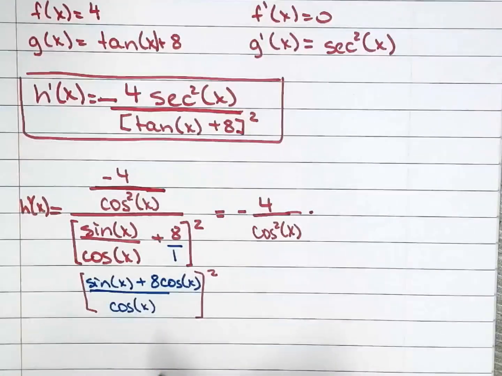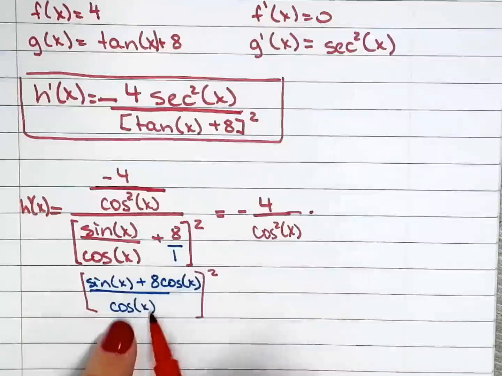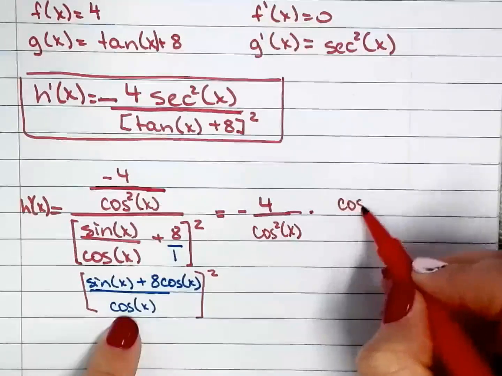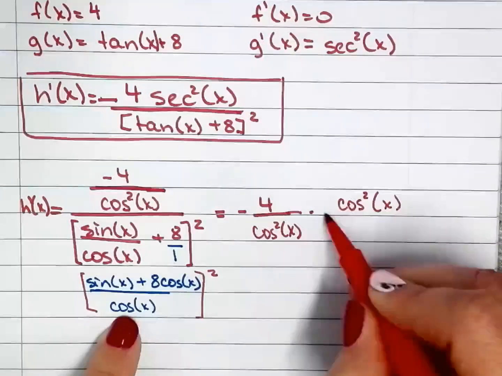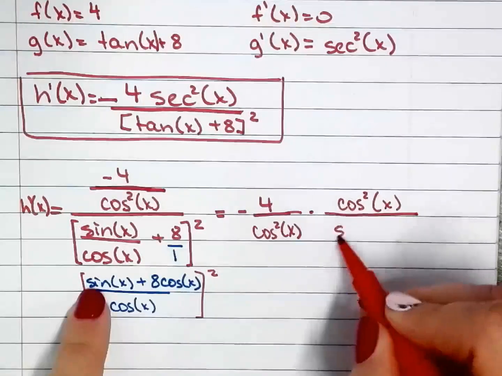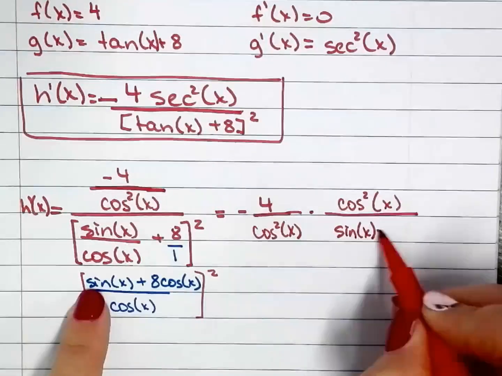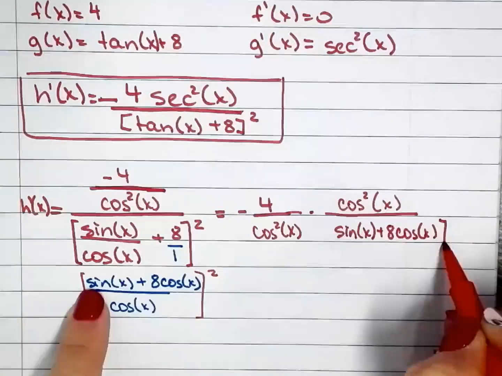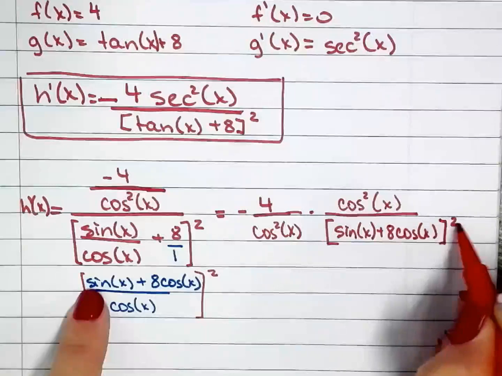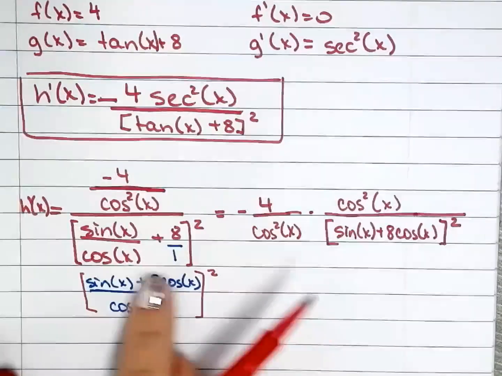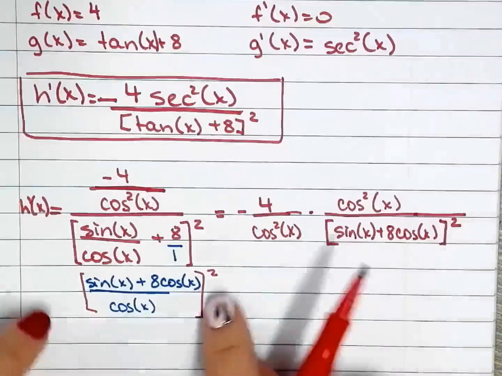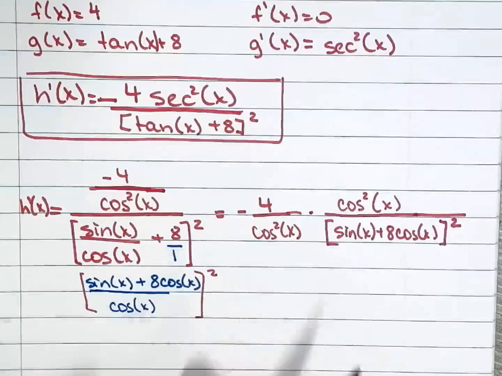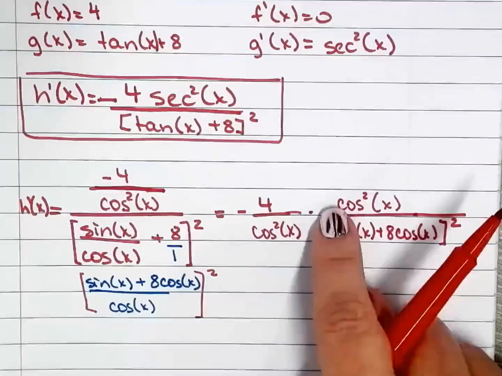Look how many things I'm doing at the same time. So the reciprocal of this will be cosine squared over sine x plus 8 cosine of x squared. Because this whole thing is squared, I can just square the numerator and square the denominator at the same time by multiplying by the reciprocal.